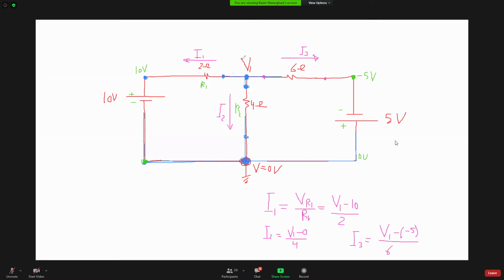So to find the node voltage, here is now the technique. To find the node voltage, we apply Kirchhoff's current law at that node. What is Kirchhoff's current law saying? The entering currents equal the leaving currents.